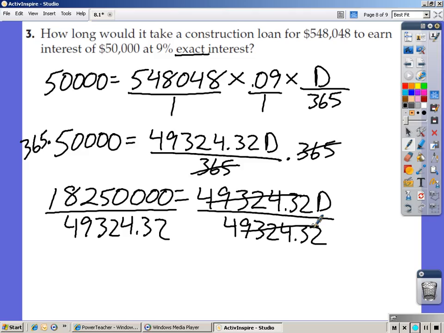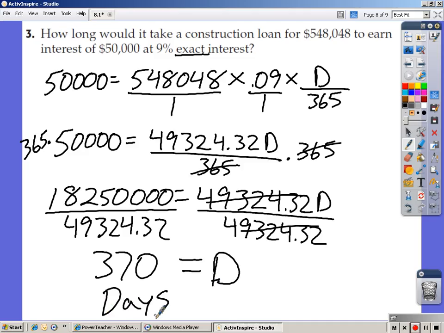You end up with 370 equals D. So, problem number 3, the answer is 370 days is how long it would take a construction loan to earn an interest of $50,000. Okay?